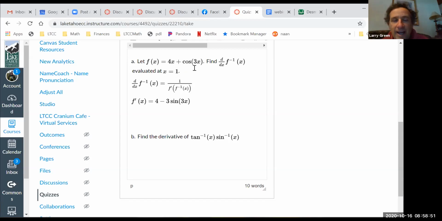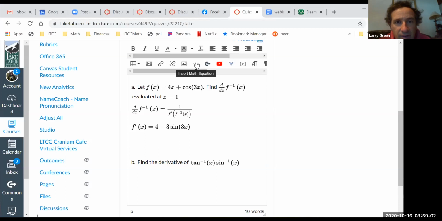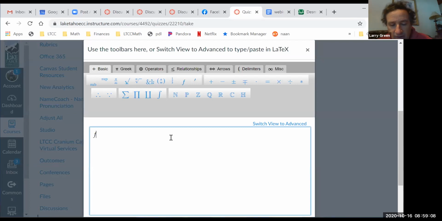And what value of x will give you 1 when you plug in? Yeah, 0. So f inverse of 1 equals 0.